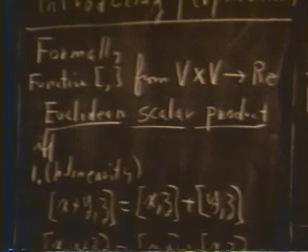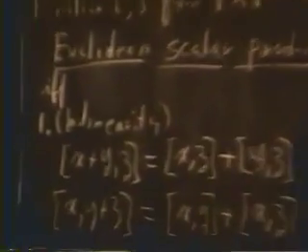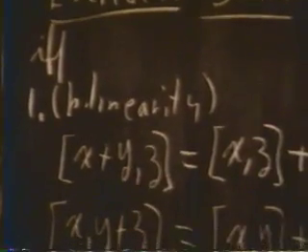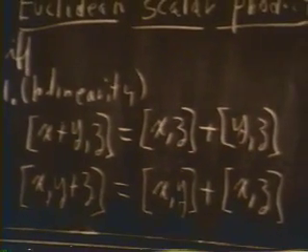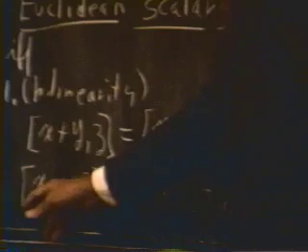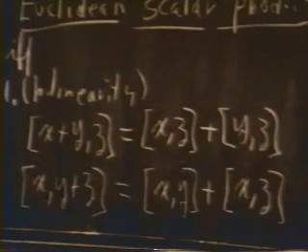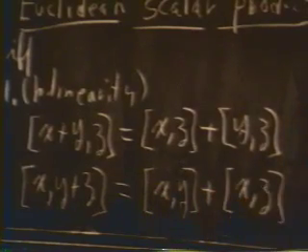And such a scalar product must satisfy three basic axioms or properties. First, bilinearity. The product of x plus y with z must equal the product of x and z plus the product of y and z, and correspondingly the product of x with the sum y plus z must equal the product of x and y plus the product of x and z.